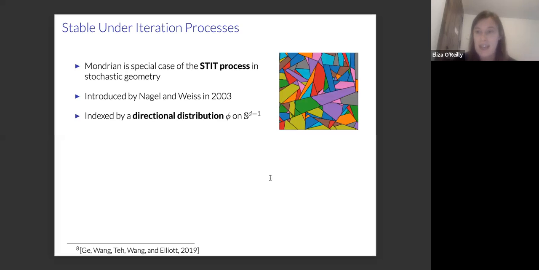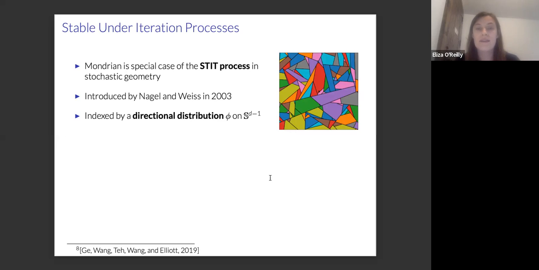This is also a stochastic process that generates hierarchical partitions of R^d. And it was introduced in the stochastic geometry literature back in 2003 by Nagel and Weiss. And their motivation was for modeling crack patterns in materials.